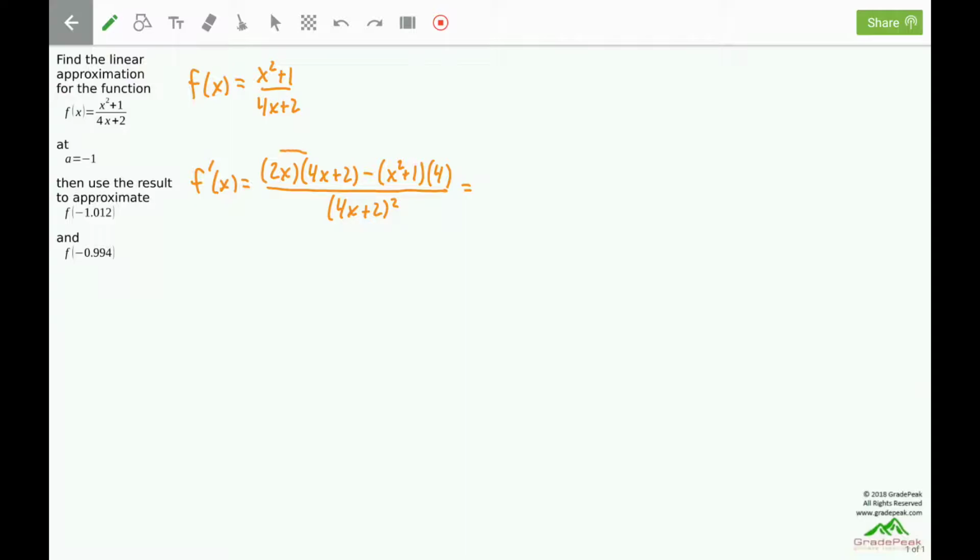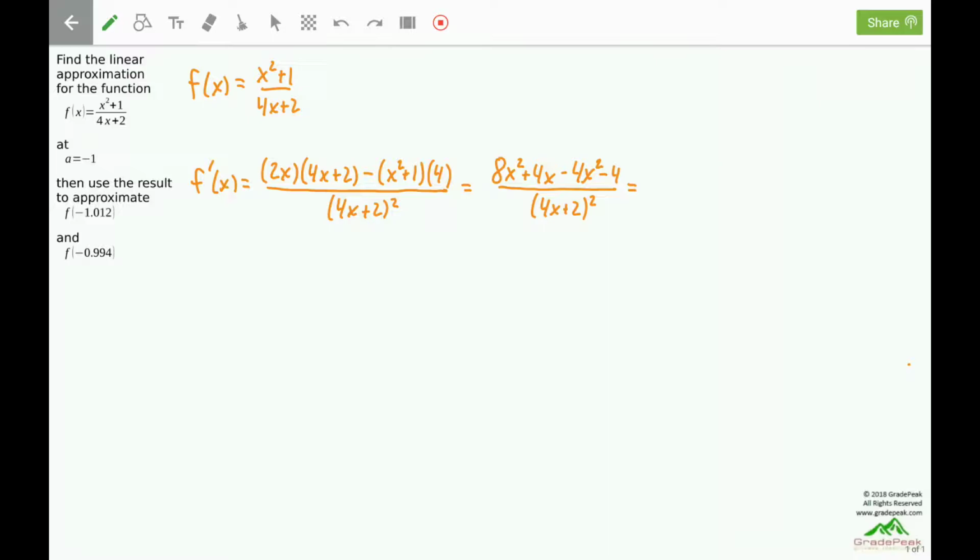In the numerator, we're going to distribute the 2x into there, which will give 8x squared plus 4x, as well as the negative 4 into here, which gives a negative 4x squared and minus 4, all over the (4x plus 2) squared.